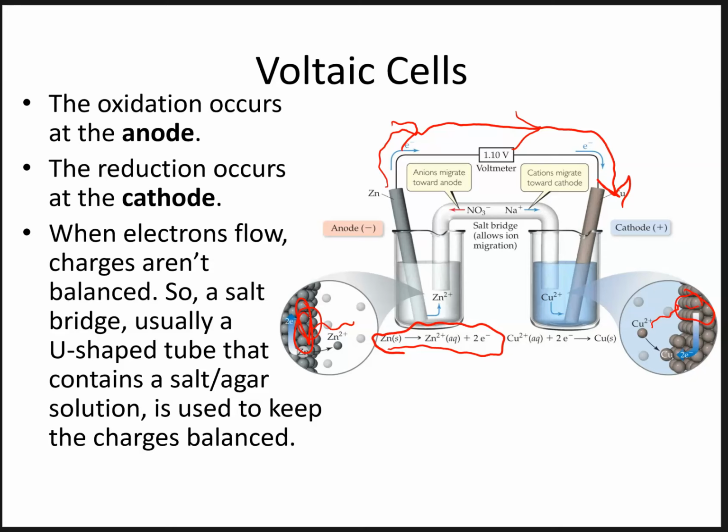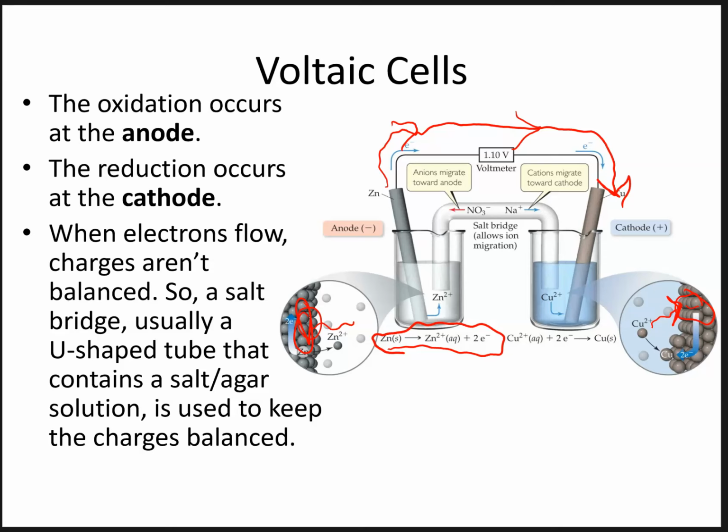When a copper ion comes in and sees that electron, it sticks to the plate. So in this particular voltaic cell, we have zinc dissolving and we have copper precipitating out onto its metal.